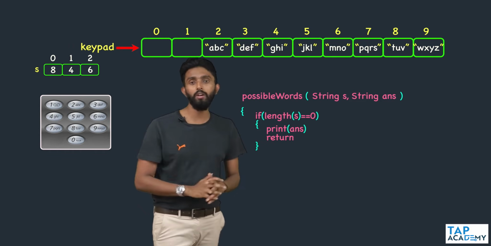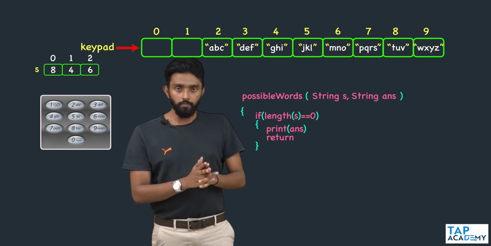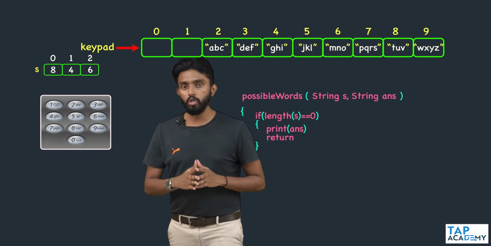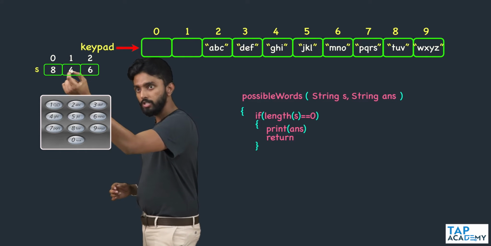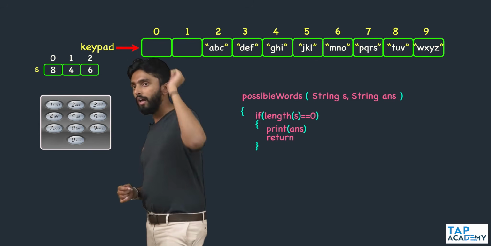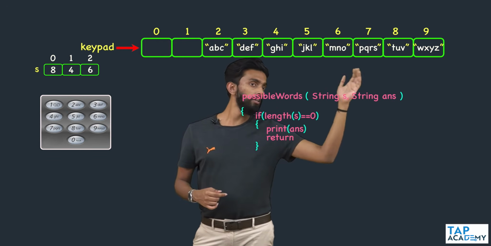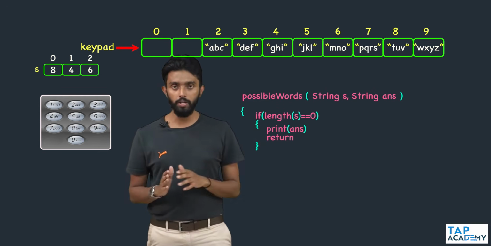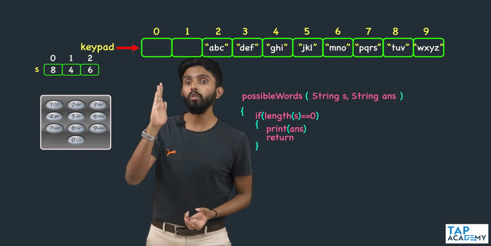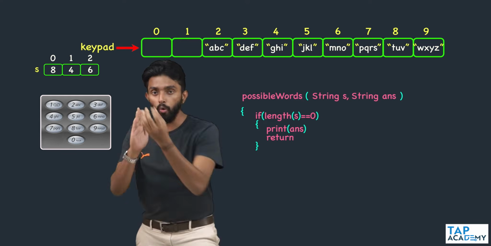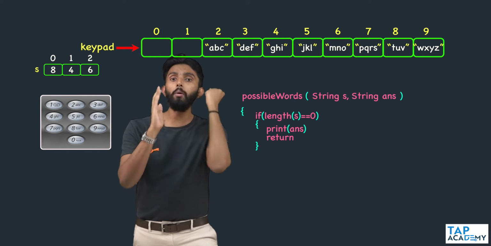Great. Next what? Now, how did we go about solving this problem? We basically first took the first character. First character here is 8. Now if you look at 8, you have T, U, V. There are 3 combinations, right? Now with T, you have to break down the problem into a smaller problem, which is 4, 6, and attach all the combinations of 4, 6.